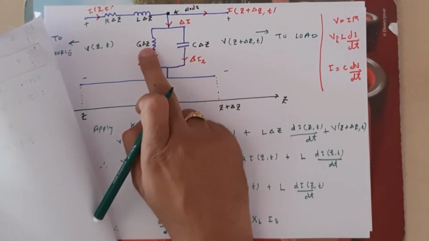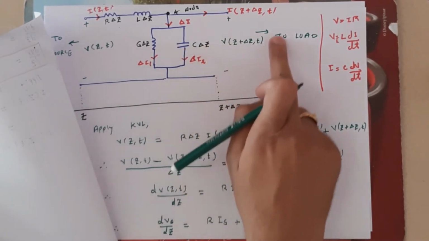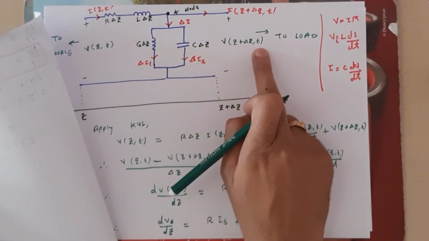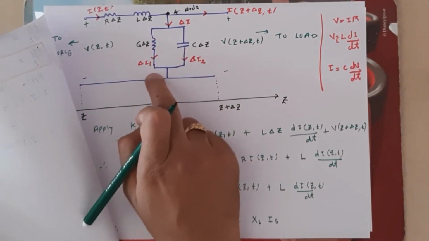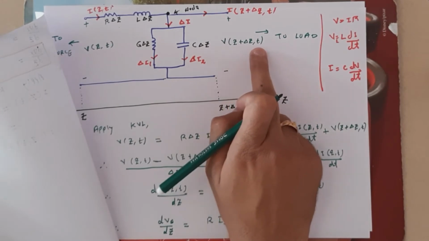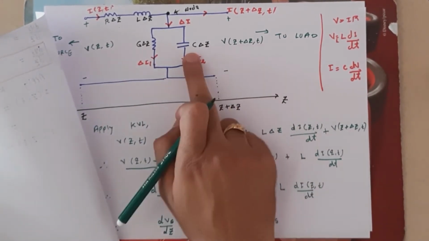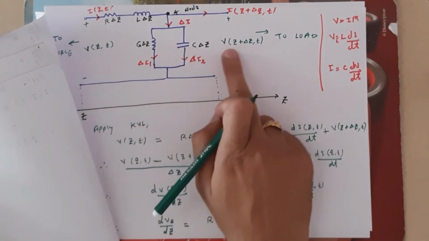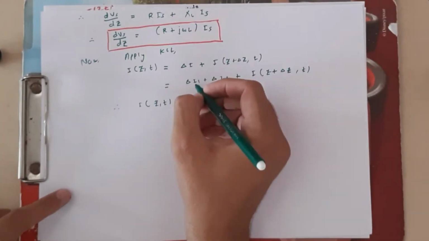So across conductance and capacitance, what is the voltage? The voltage is V of z plus delta z, t. Because these two components are connected in parallel, the voltage is the same, V of z plus delta z, t. So across the conductance the voltage is this one, and across the capacitance the voltage is the same. So what is delta I1?